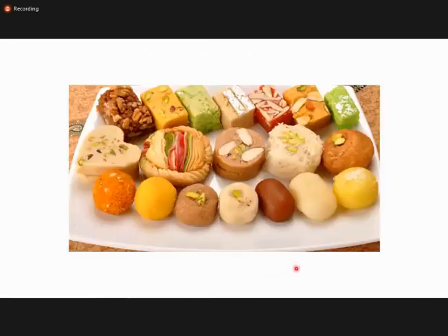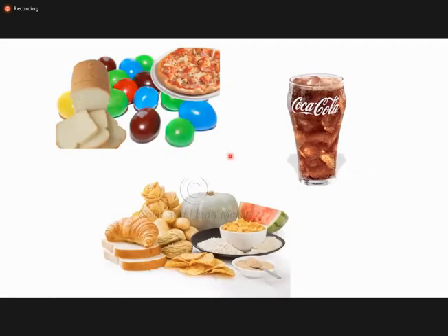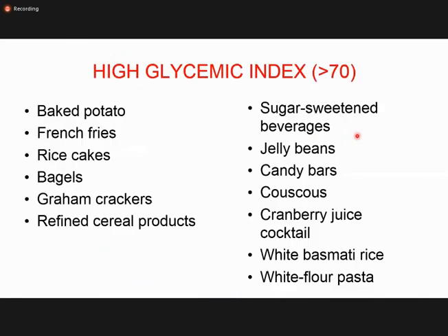Now, okay, sweet items, mithai, bakery items, colas, croissants, white bread, all the processed foods, jellies, pizza, white bread, colas, sodas, they all contain processed foods in which there is readily available free glucose or free sugar. They all come under the category of high glycemic index.